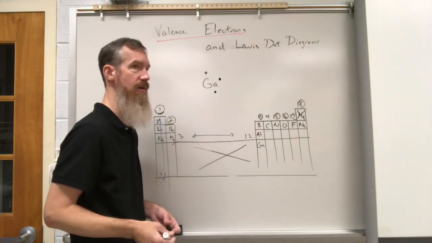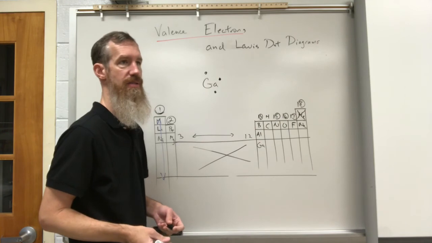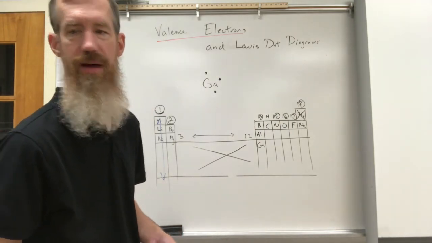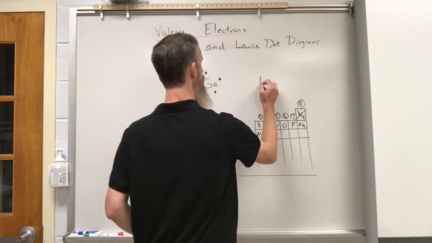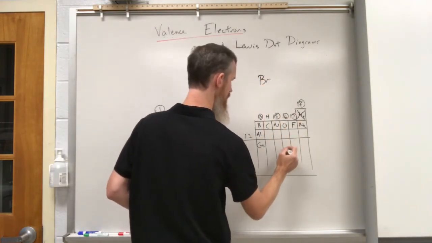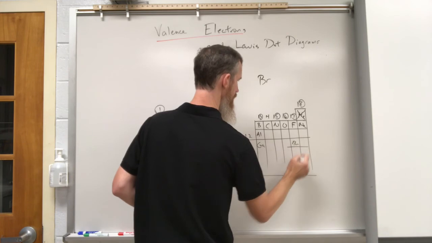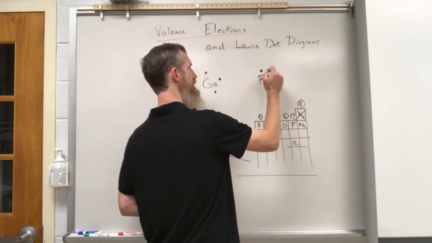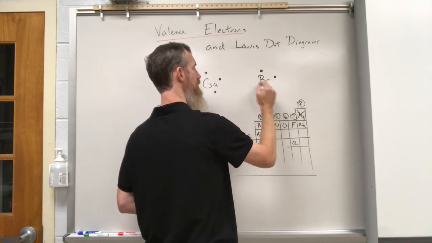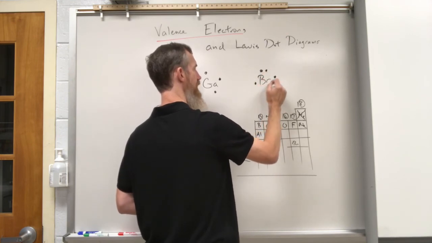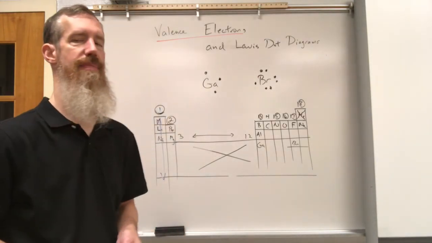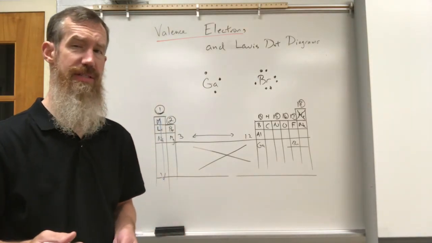If I were asked about, say, bromine. Bromine is number 35. So bromine, which is here, well, it's in the 17th column. So that means it's going to have 7 dots. 1, 2, 3, 4, 5, 6, 7. If I were asked about barium, barium's number 56.